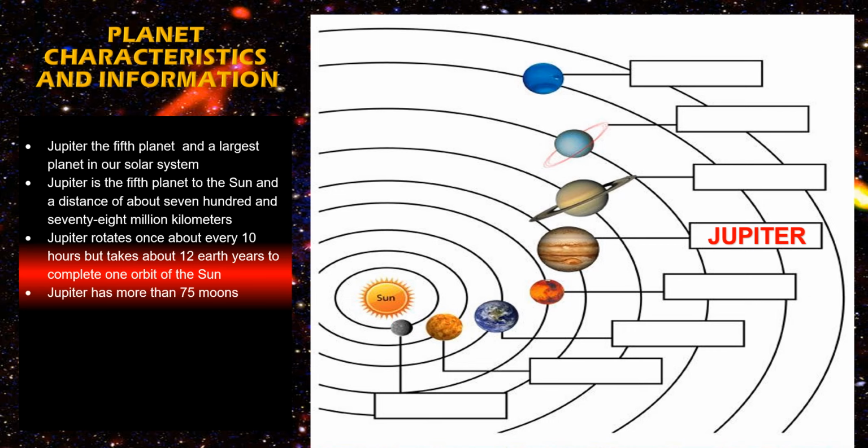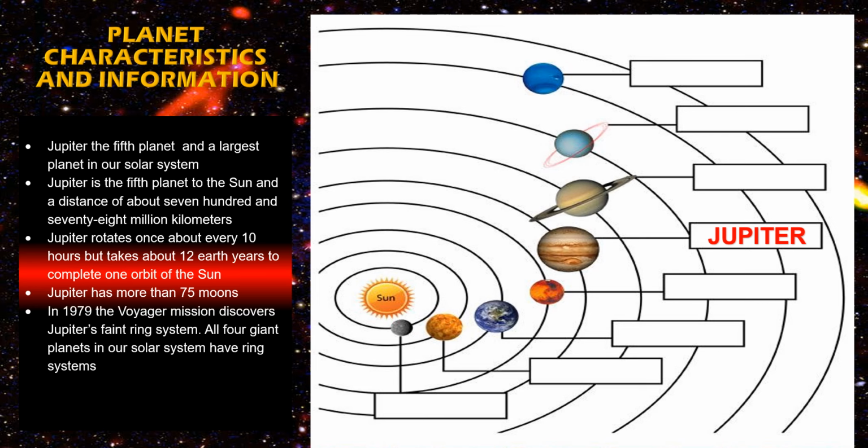Jupiter has more than 75 moons. In 1979, the Voyager missions discovered Jupiter's faint ring system, and all four giant planets in our solar system have ring systems. Jupiter's atmosphere is made mostly of hydrogen and helium.